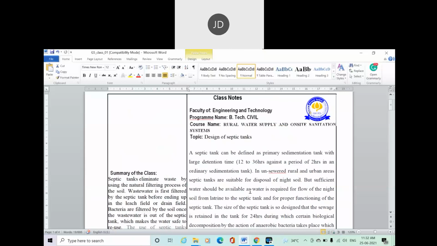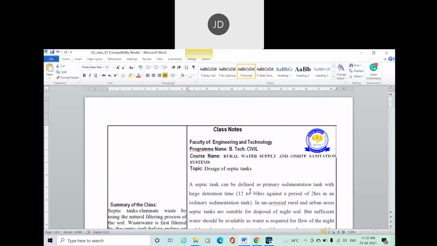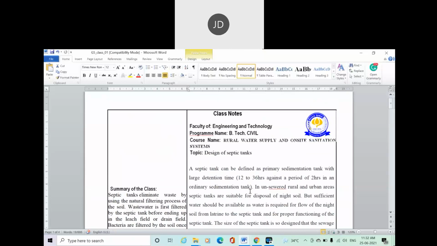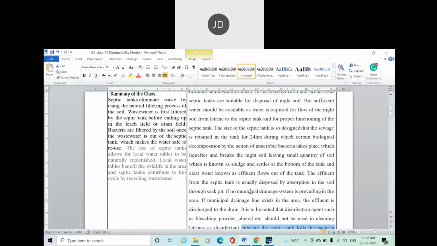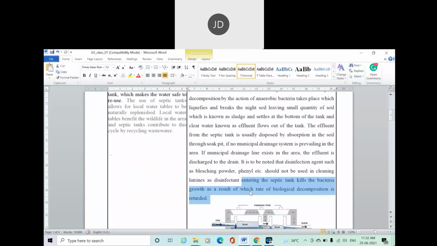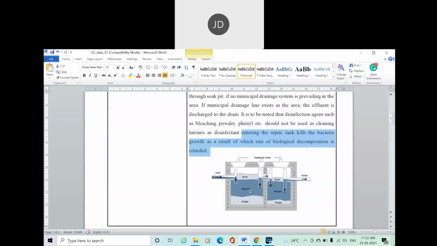It is similar to a general sedimentation tank, but the detention time for a septic tank is comparatively larger, like 12 to 36 hours. This is a basic schematic diagram of a septic tank. This is a baffle wall, an intermediate wall.